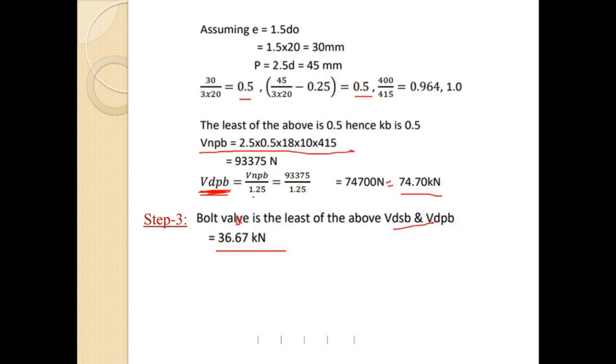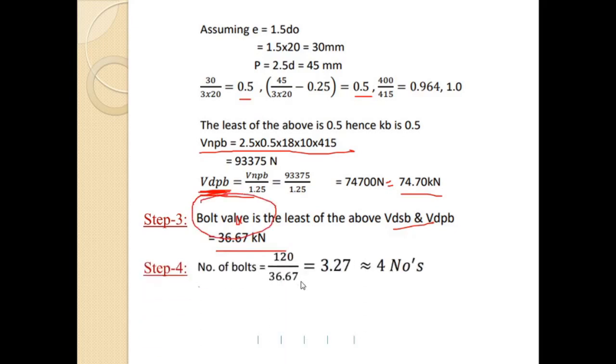Next, we have to calculate the number of bolts. Number of bolts we calculate using the formula factored load divided by the bolt value. So factored load is 120, divided by 36.67, that is the bolt value, is equal to 3.27. So we provide the number of bolts as 4.